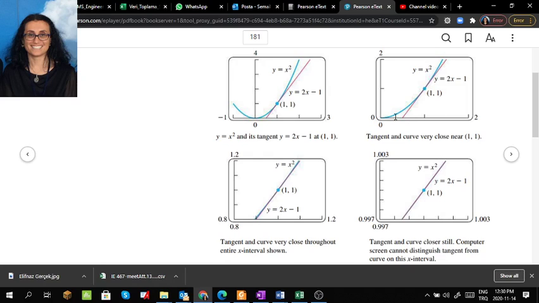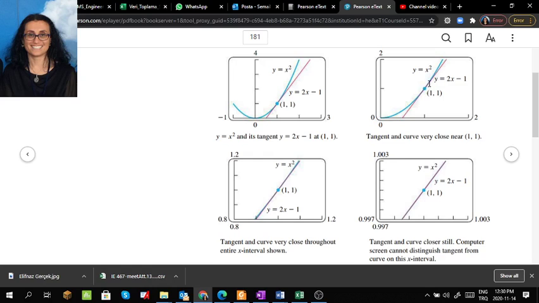In the second picture, we are much closer to (1, 1) now. When you get closer, the tangent line and the original graph, y is equal to x squared, are almost the same in the neighborhood of (1, 1).